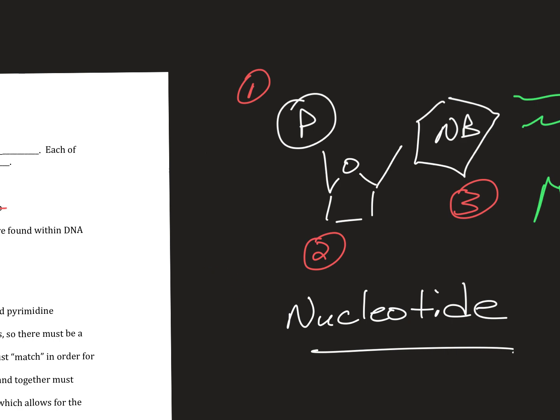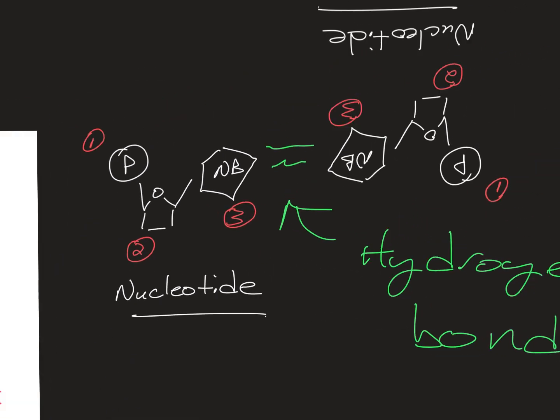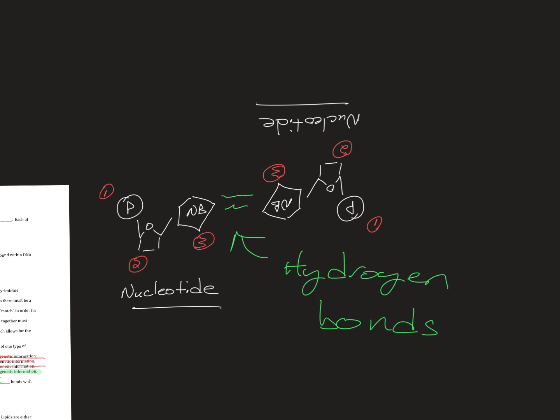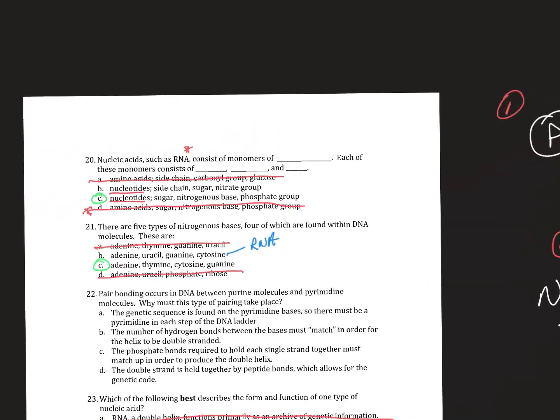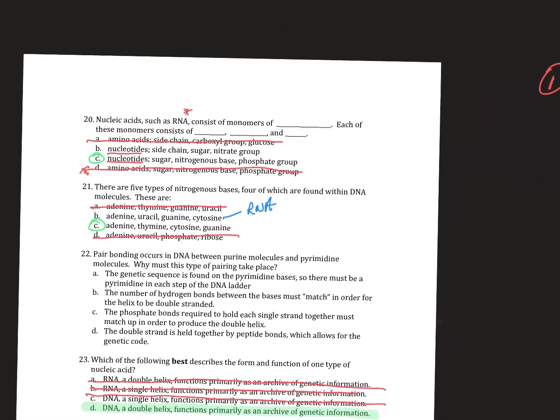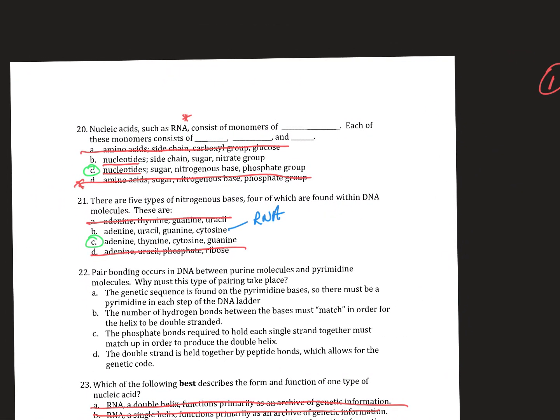And I said when they hydrogen bond, they're upside down. The two strands are anti-parallel. The hydrogen bond happens between the nitrogenous bases. I said all of that, and I drew it out, and I drew a zipper. You can go look at the video. It's already posted. So RNA is made of the same stuff. It's a nucleotide. It's just made of ribose instead of deoxyribose.